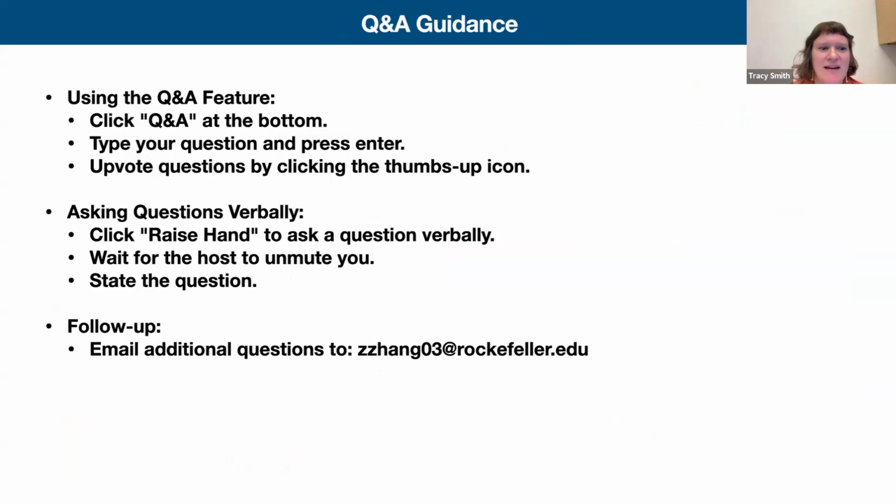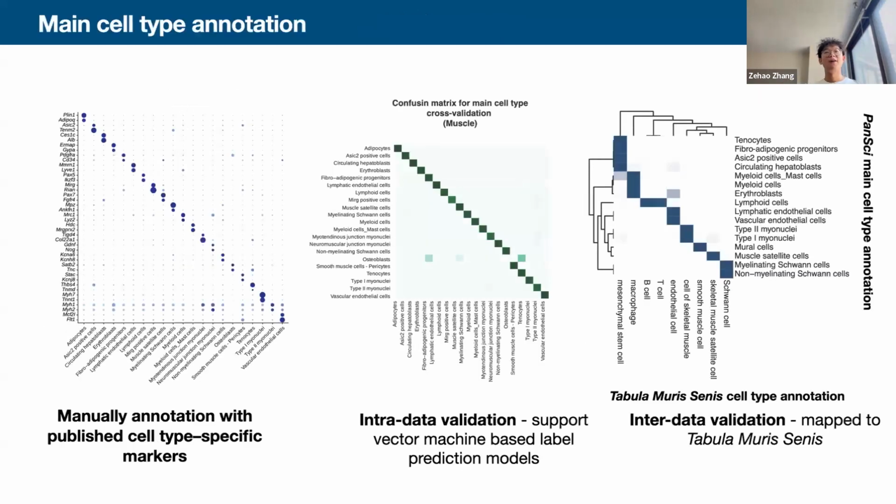How did you unify the cell type annotation across different organs? Are you using the same marker genes for each major cell type in different organs? Thanks for the question. I actually have a slide for this. So yes, we annotate each main cell type on an organ by organ basis, and we first manually annotate each cell type with a published marker, and then we validate each main cell type annotation with two approaches.